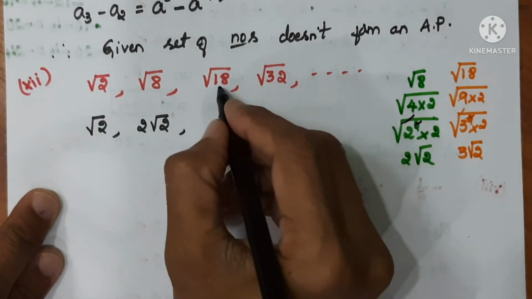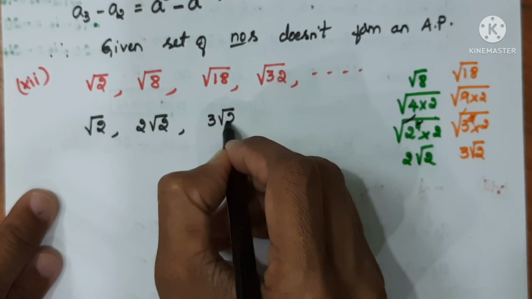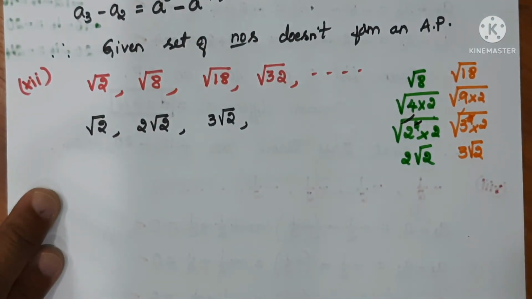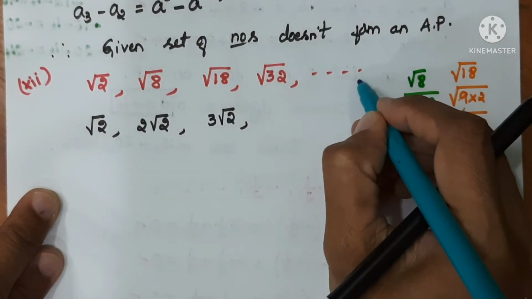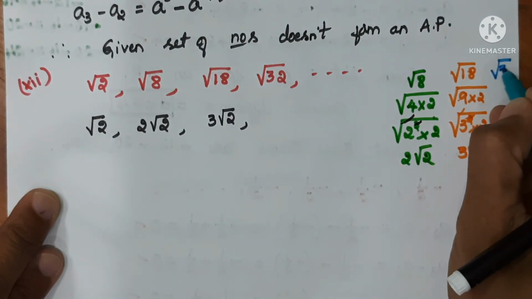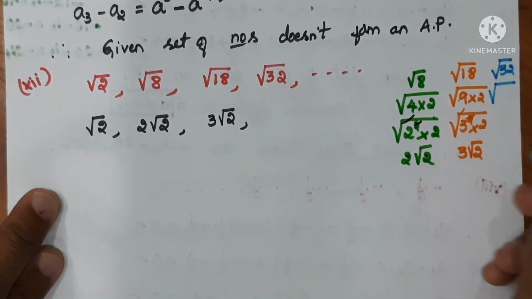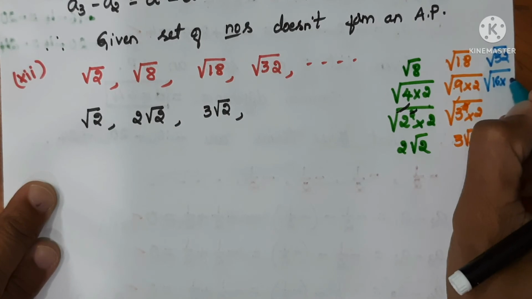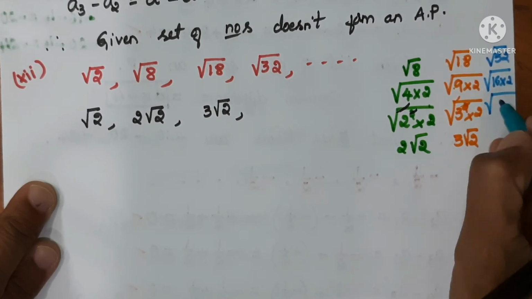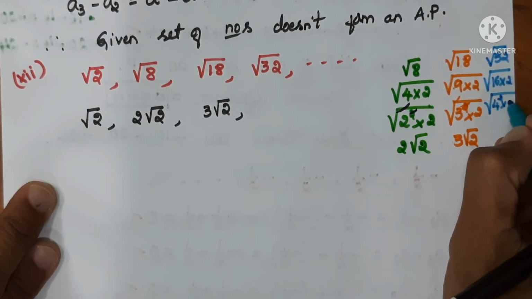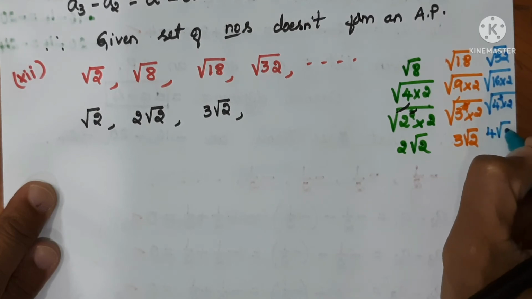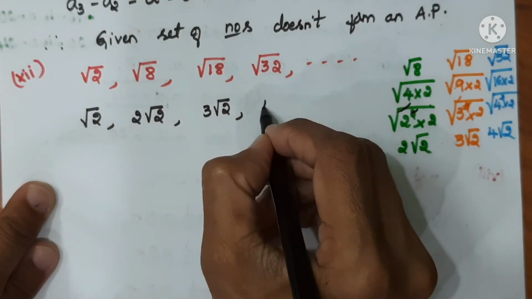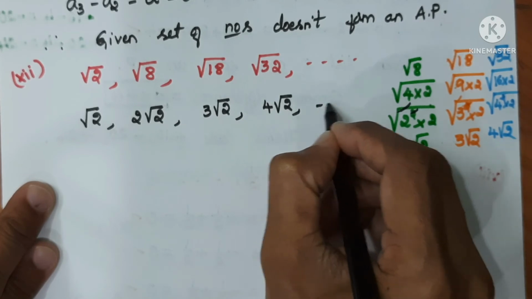And also root 32. 32 is 16 twos are 32, which is equal to 4 square into 2, that is 4 root 2. So the next term is 4 root 2 and so on.